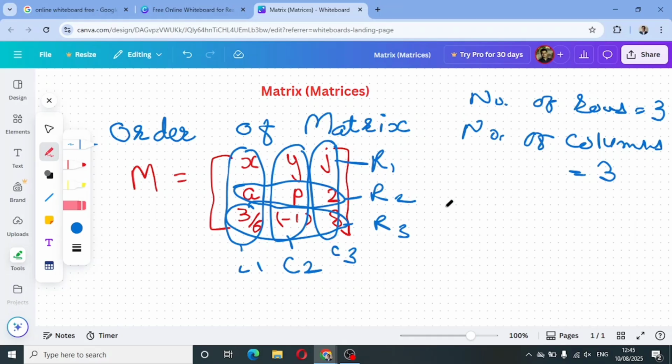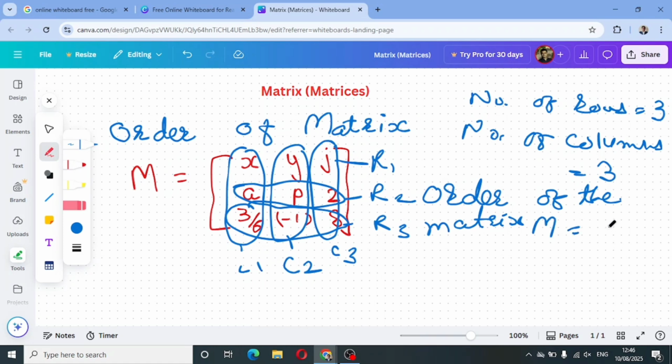So the order of the matrix M is: number of rows is 3 and number of columns is also 3. So 3 by 3 is the order of the matrix presented here. I hope this is clear to you.